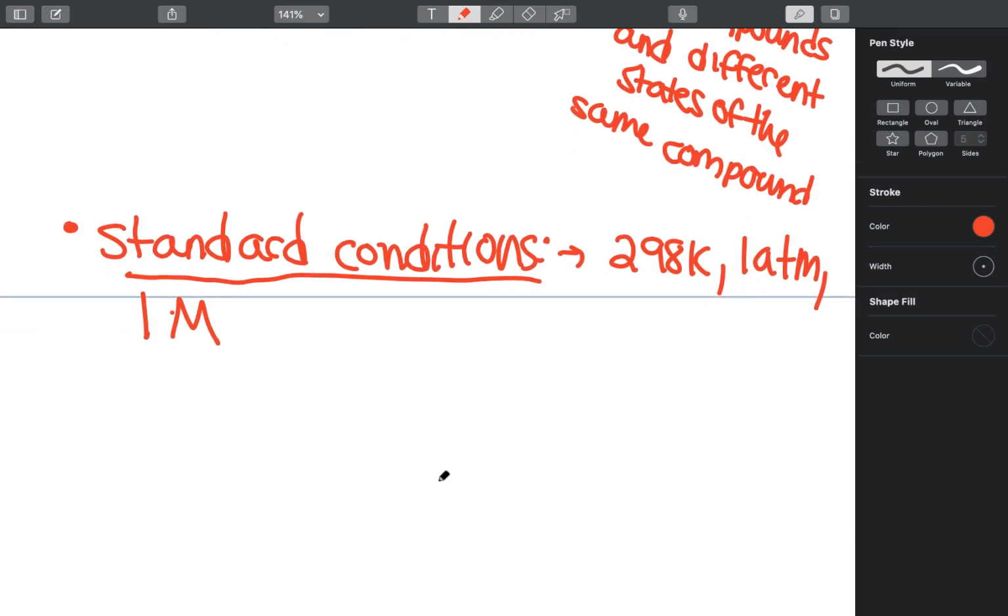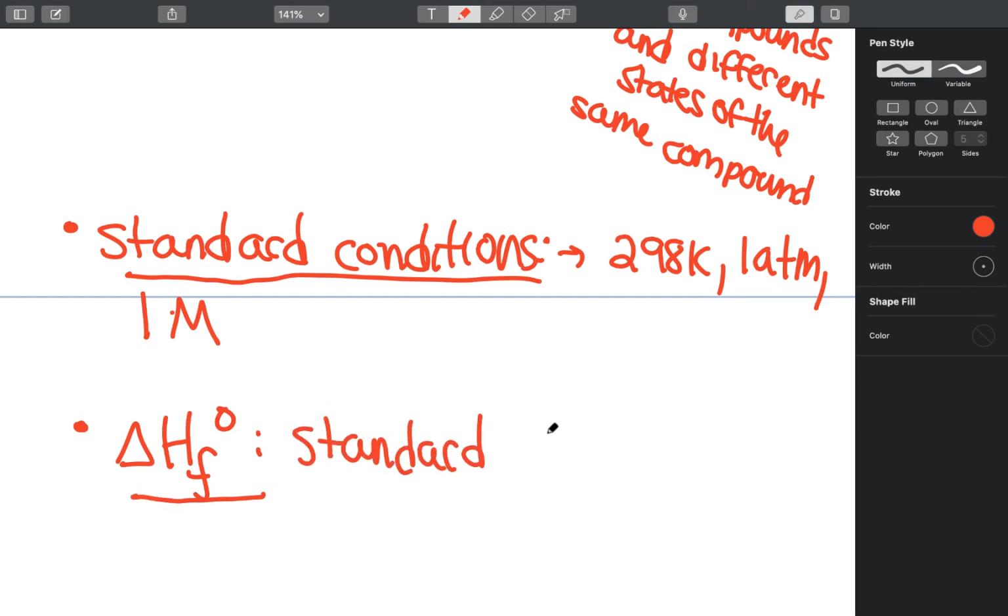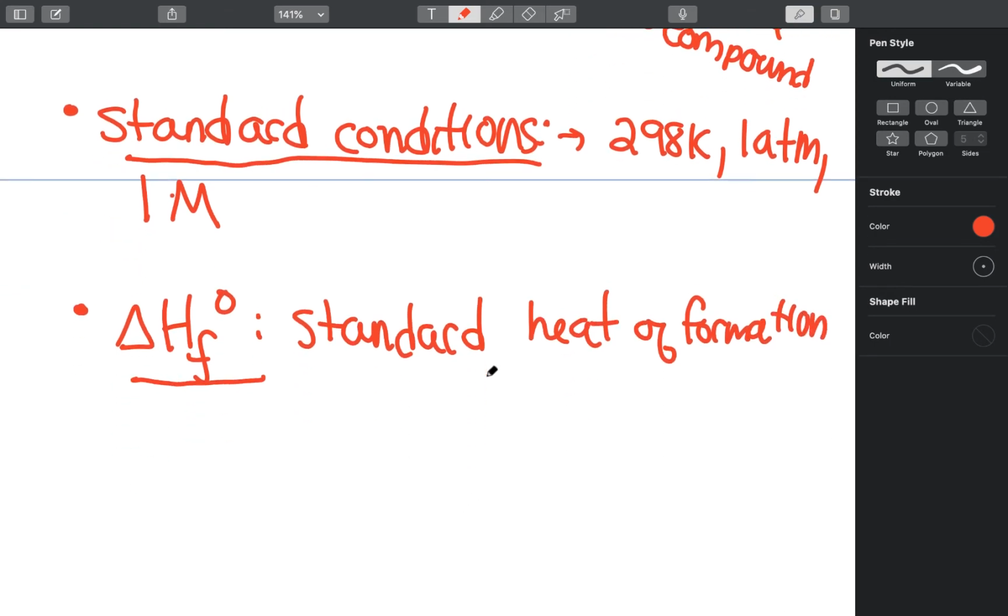So the heat of formation measured under standard conditions is referred to as the standard heat of formation, and it is given this symbol. So what is the standard heat of formation?